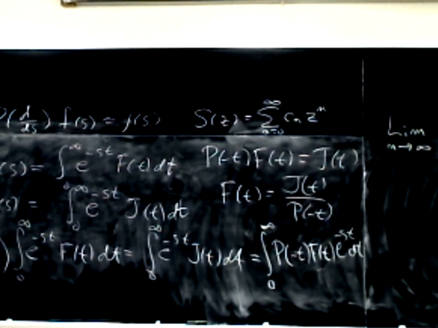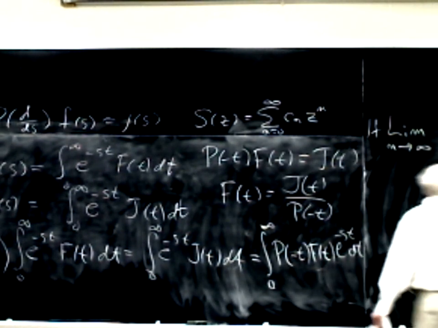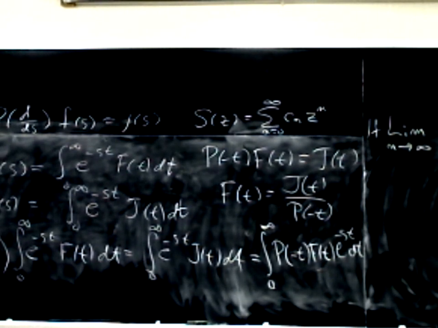And the point is that if z over R is less than 1, where R is defined as the inverse of the limit as n goes to infinity of c_(n+1) over c_n, so you define R as 1 over that, so that this limit is 1 over R.